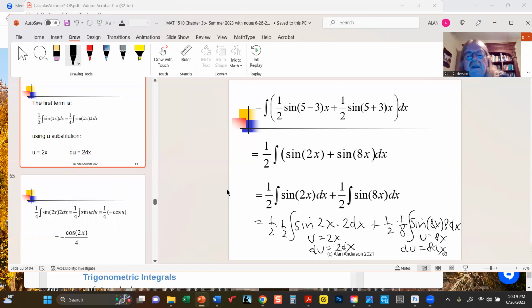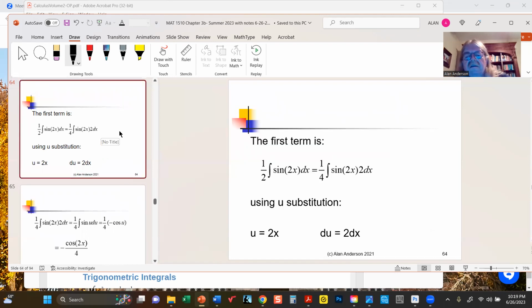All right, so let's focus on that first term. We're going to have 1/4 sine 2x times 2 dx. And here is our u substitution.